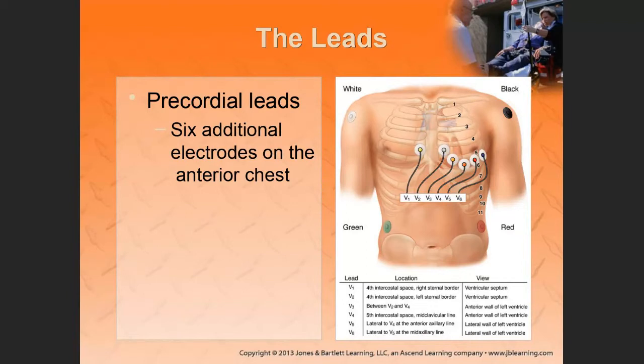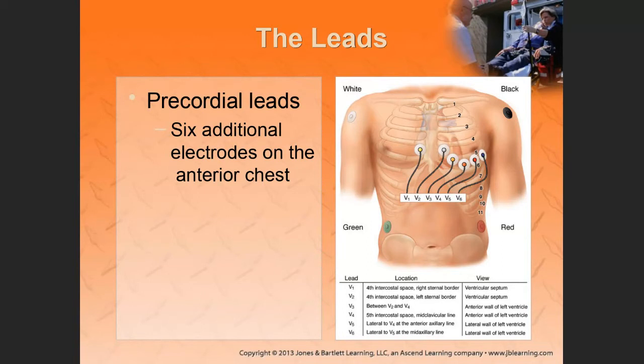V1 and V2 look at the septum of the heart. So V1 and V2 look at the ventricular septum, which is anterior. V3 and V4 look at the anterior portion of the left ventricle.